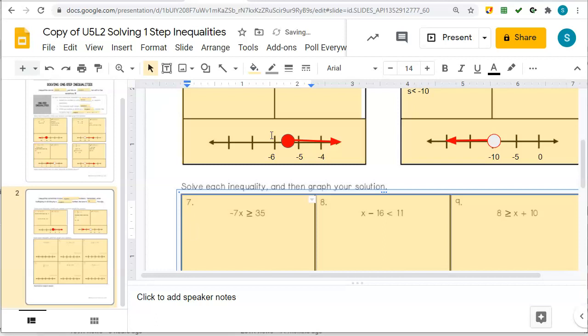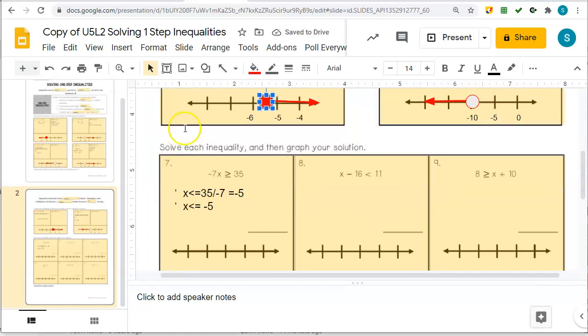Here, again, we're going to flip, so we're going to have x less than or equal to, because we flip our inequality, 35 divided by negative 7, which is negative 5. So we have x is less than or equal to negative 5. Now, less than or equal to means we're going to include the dot.